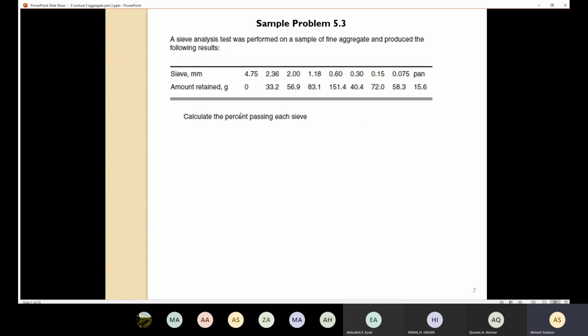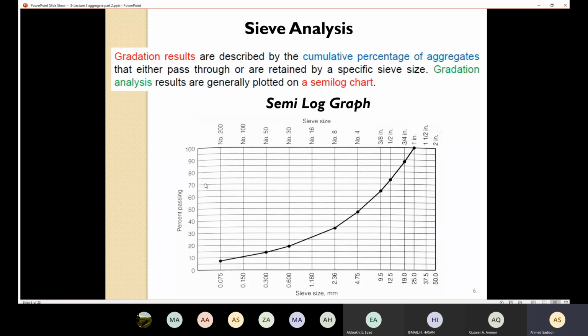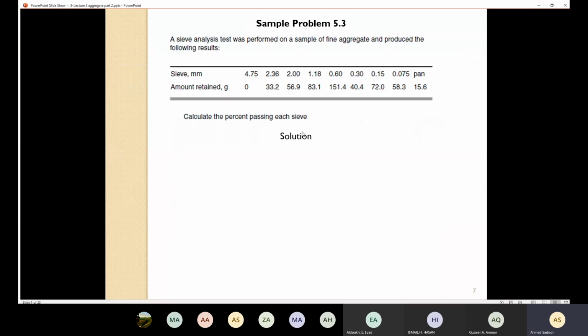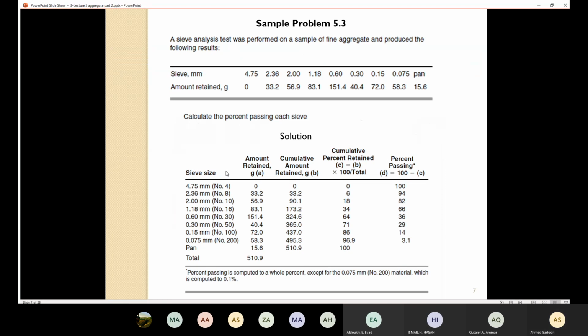Then I need to determine the percentage passing. In order to come up with this graph, I need to know the percentage passing. So first, here I have the sieve size, and I'm going to create four columns. The amount retained is given, it's from here. Then I'm going to determine the cumulative amount retained.